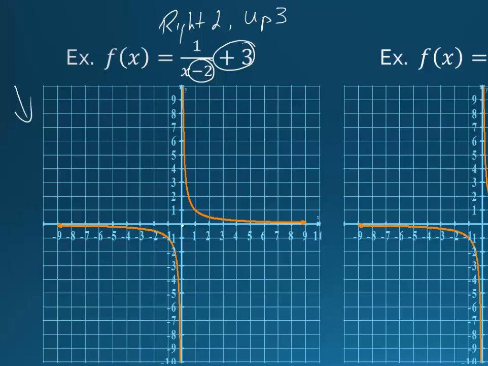So from our center, which is going to be 0, 0, you're going to go right 2 and up 3. So pretty much your new graphs would be here and here.